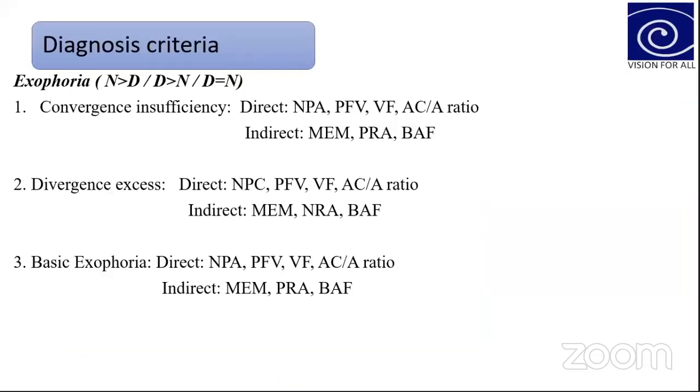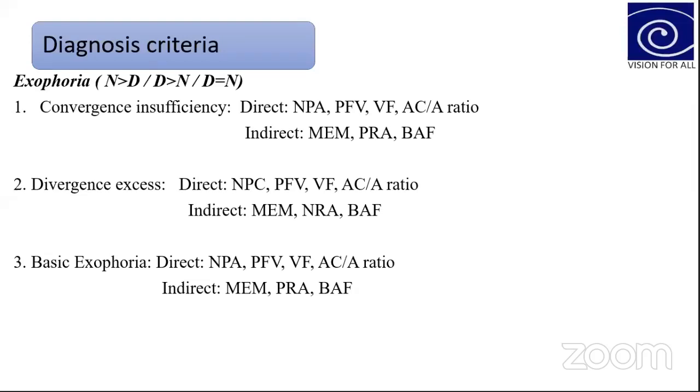let us see the diagnostic criteria, how we can differentiate it and how we come to the diagnosis of convergence insufficiency. If you see the diagnostic criteria for exophoria, here the exophoria is more at near, then it is convergence insufficiency. And in the indirect test of convergence insufficiency, the near point of convergence will be receding, and the positive fusional vergence value, that is the convergence parameter, will be less.